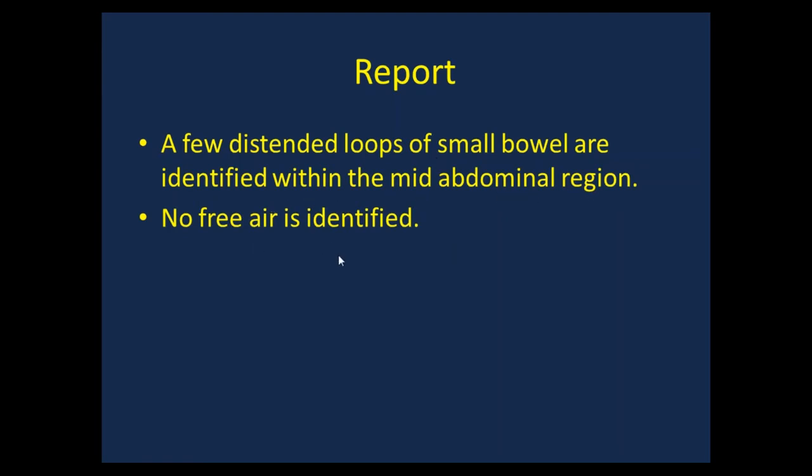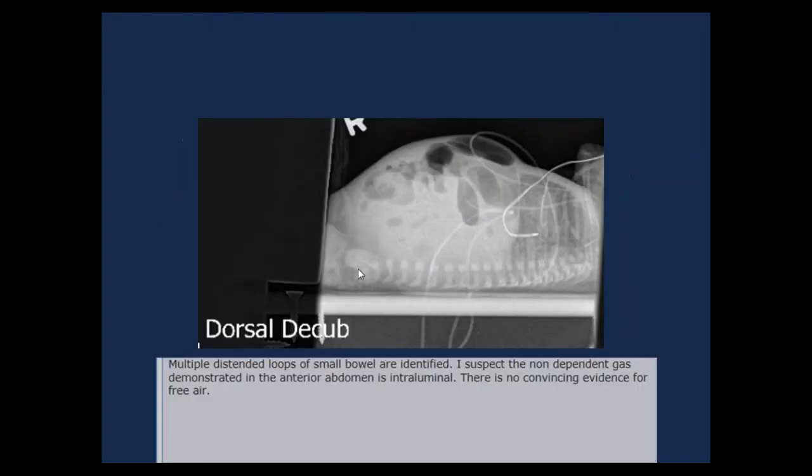No free air is identified. This cross table dorsal decubitus X-ray, just to rule out any suspicion of perforation, has been reported as no perforation, and the air most probably intraluminal rather than free air.